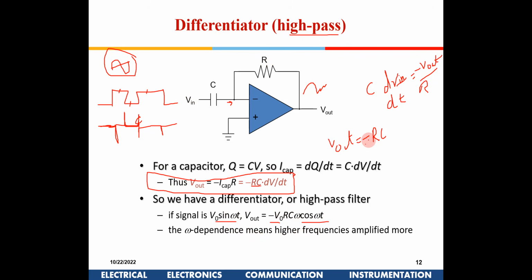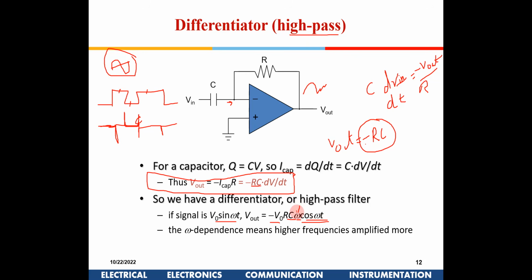If you see here, the gain is RC, right? For V0 sine omega t, if you differentiate it, you will get minus RC, and then omega also will come in the opposite.